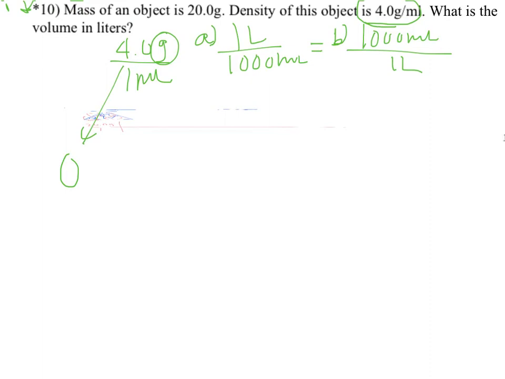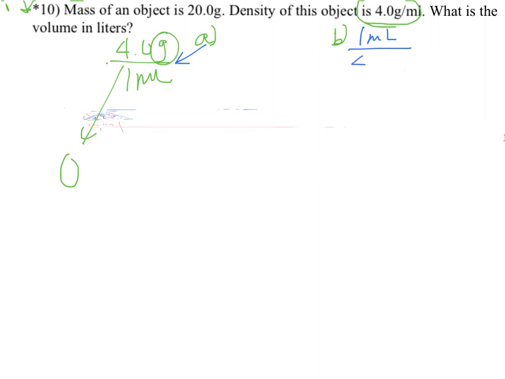So in this case, all you have to do is take your density and put it in terms of A and B. So we're going to call 4.0 grams over 1 milliliter as A. Okay, then B would be 1 milliliter at the top over 4 grams.